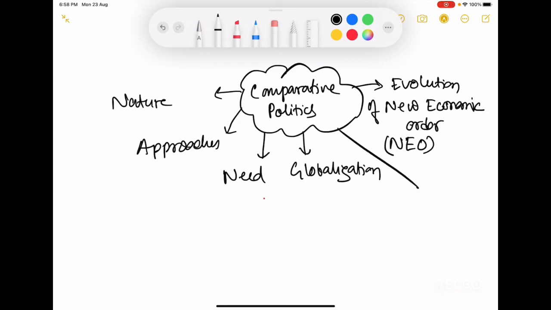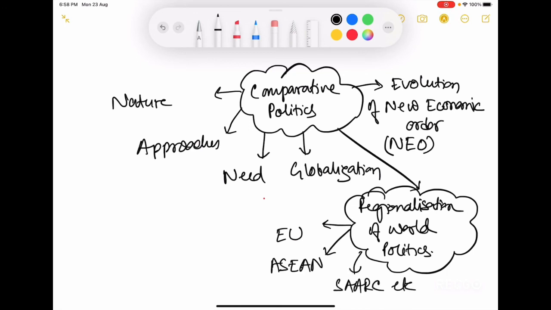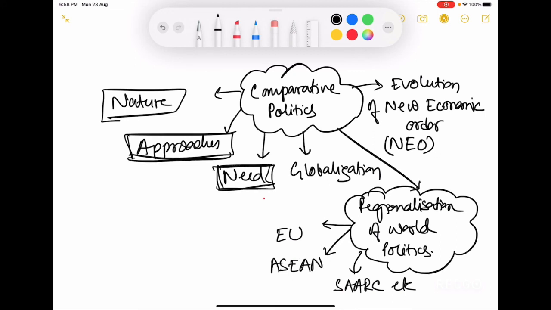And finally, the regionalization of world politics, wherein we will try to understand areas like EU, ASEAN, SAARC, etc. So technically this is the area where you need to understand in a textual, theoretical manner.